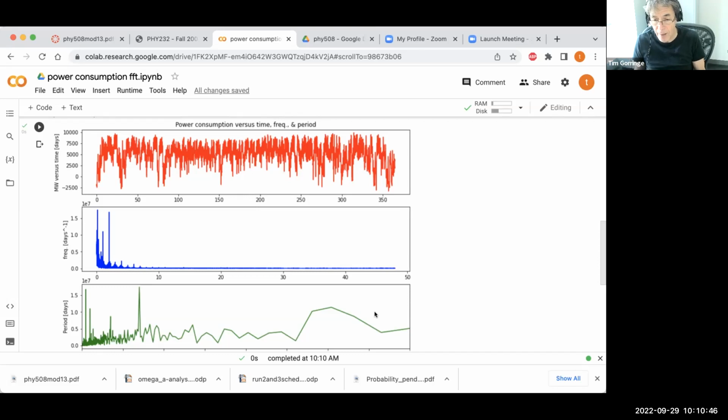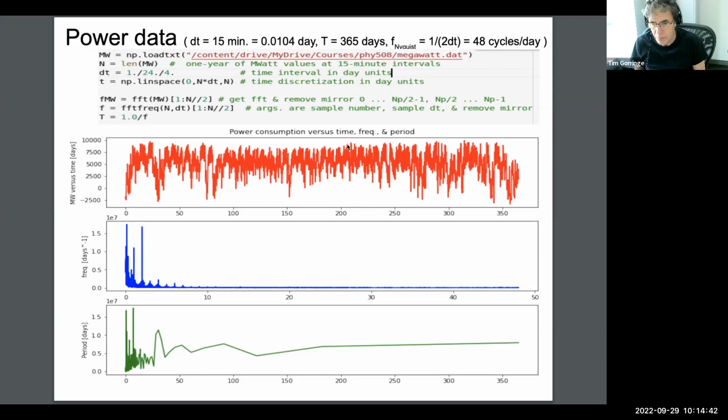And so that's my code. And I'm going to go to a few slides where I've annotated the plots to pick out some of the features that are important in these plots. Okay, so here are my slides. You just see the 3 plots again.